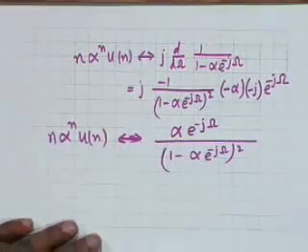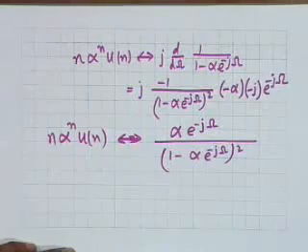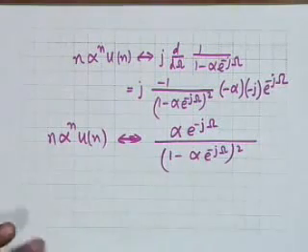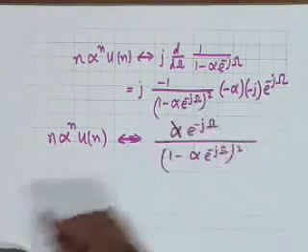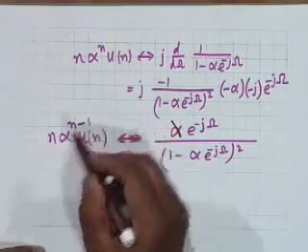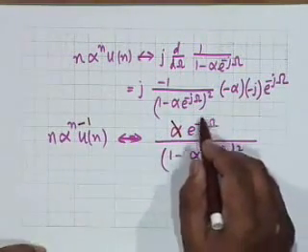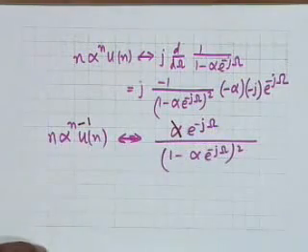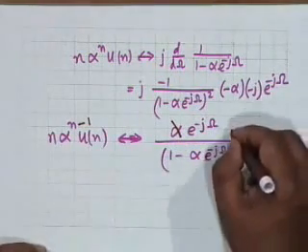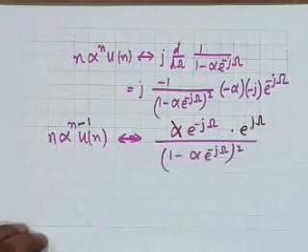We have not yet achieved our result. We don't want anything in the numerator. We want a 1, and therefore what we do is first we divide by alpha. So this becomes alpha to the n minus 1. Then to take care of this e to the minus j omega factor, we multiply by e to the j omega. What happens to the left hand side?